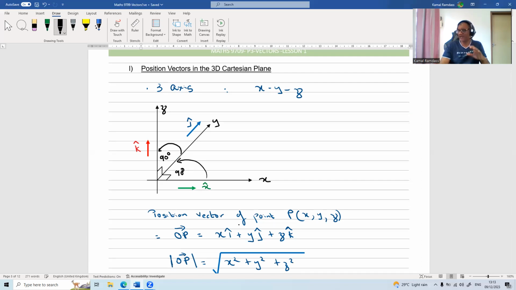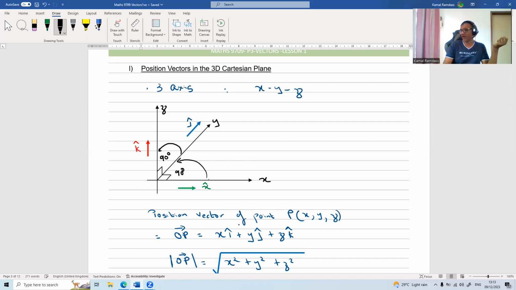C'est une façon de représenter le 3D Cartesian plane, et c'est la façon qui nous est bien connue.